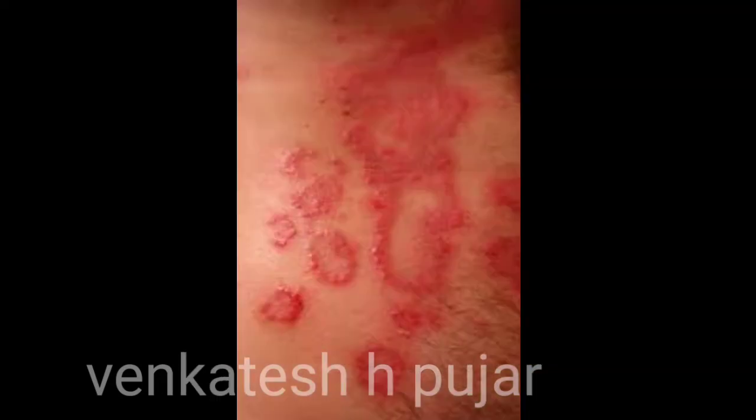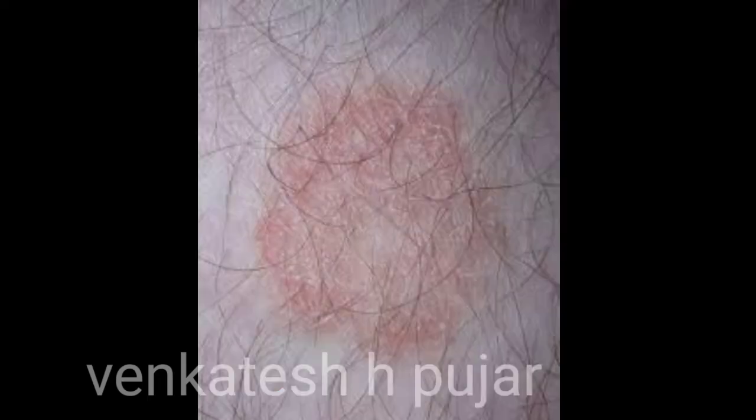Next is jock itch, also called tinea cruris. This mainly happens as a rash that occurs in the groin region. Next is scalp ringworm, which is also called tinea capitis. Next is nail infection. Next is body ringworm, which is also called tinea corporis.